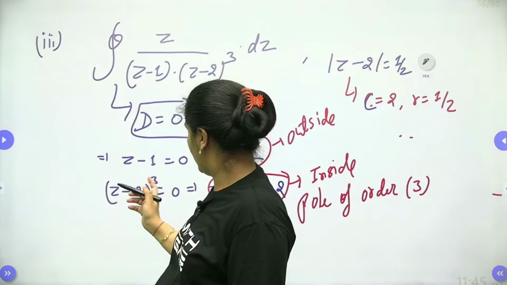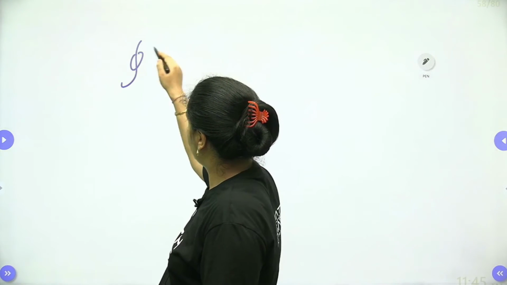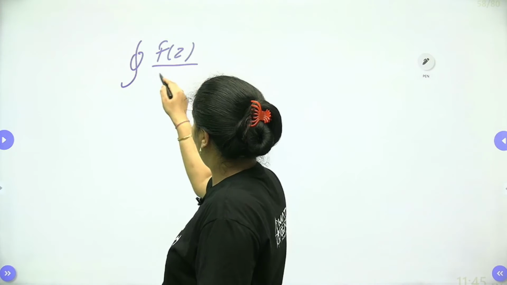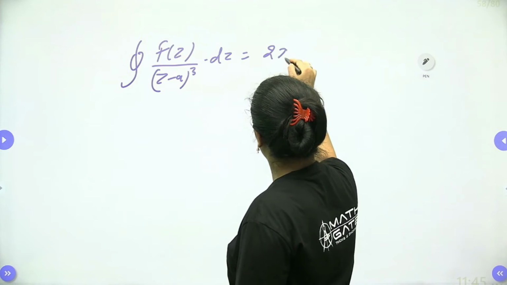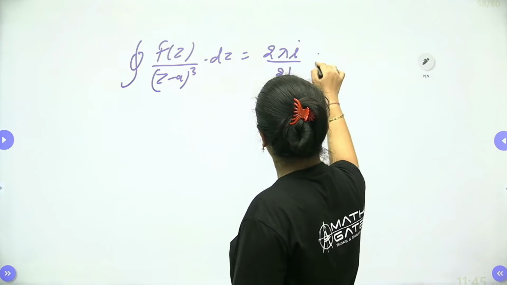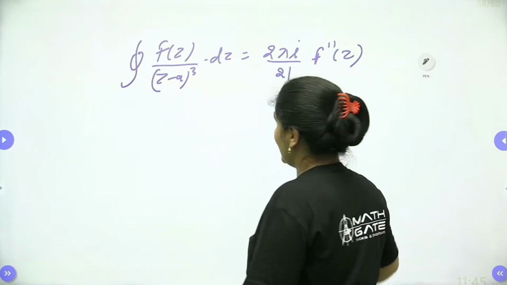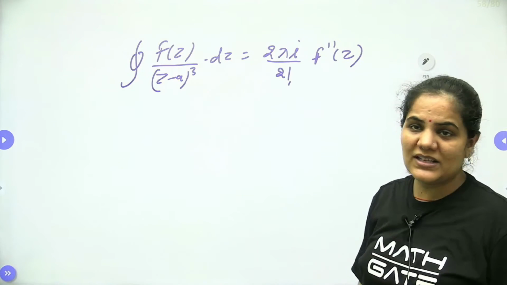Let me write down the formula also. We have here a third order pole. So the formula will be, as we know very well, the integral of f(z) by (z minus a) cube dz equals 2 pi iota by 2 factorial into f double dash of a. We will approach by this formula only.